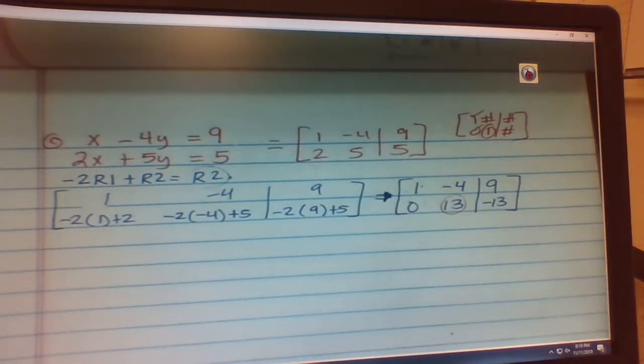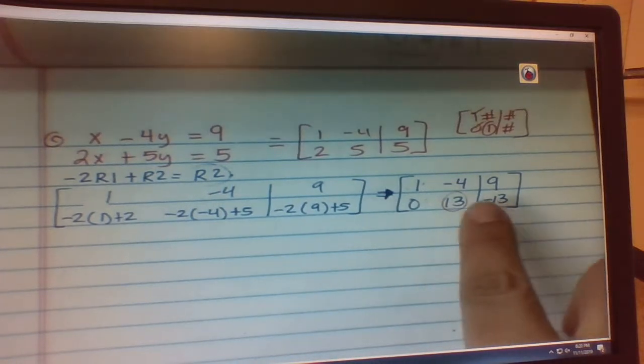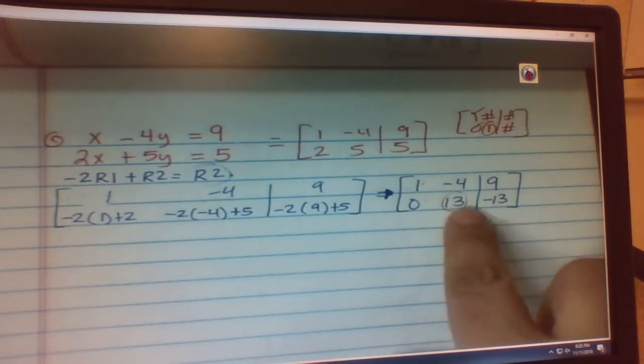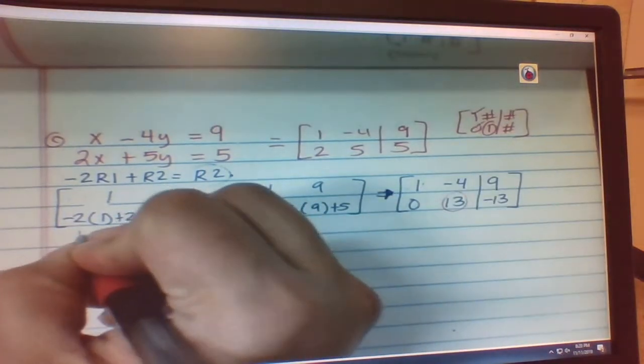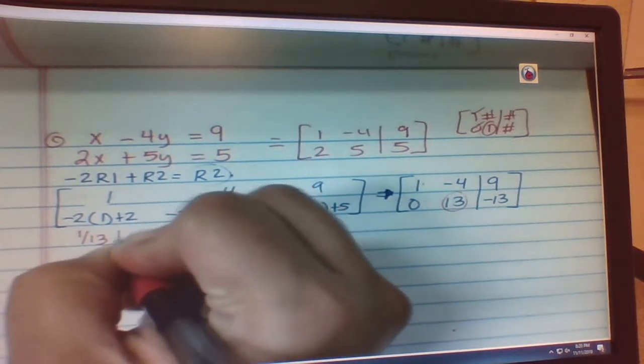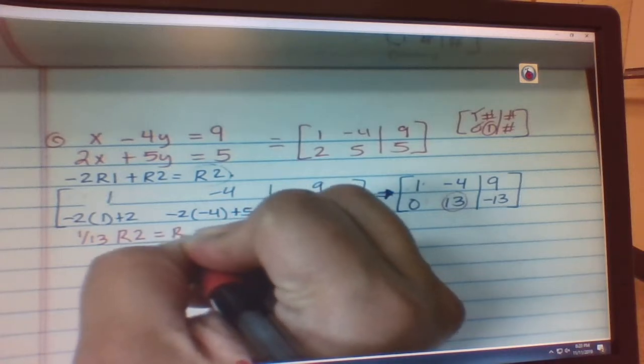But if it would have been the -4, you would have done a -1/4. Okay? Just to answer that question about the negative. So for this one, the plan is to make this guy a 1. To make it a 1, 1/13 times row 2 is your new row 2.